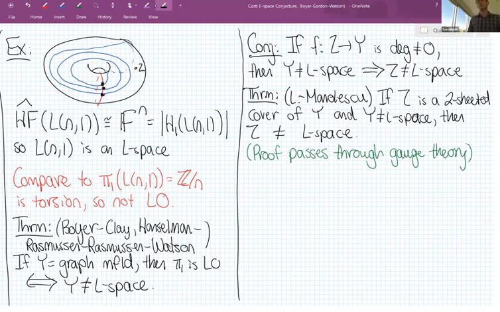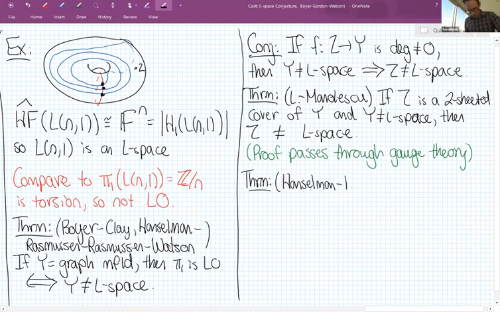And maybe I'll point out one other example for which this is known. There's a theorem of Hanselman, Rasmussen, and Watson, which makes use of some mirror symmetry in the punctured torus to prove the following.